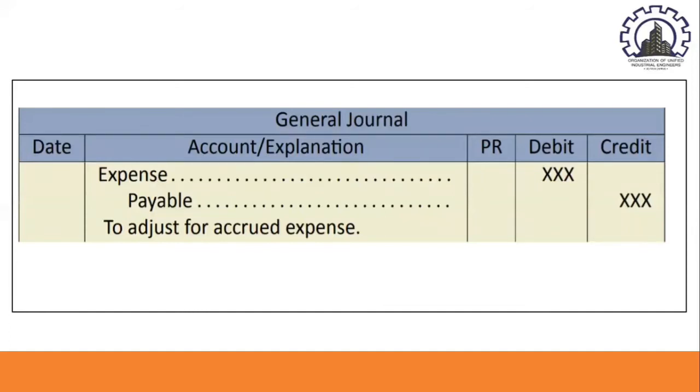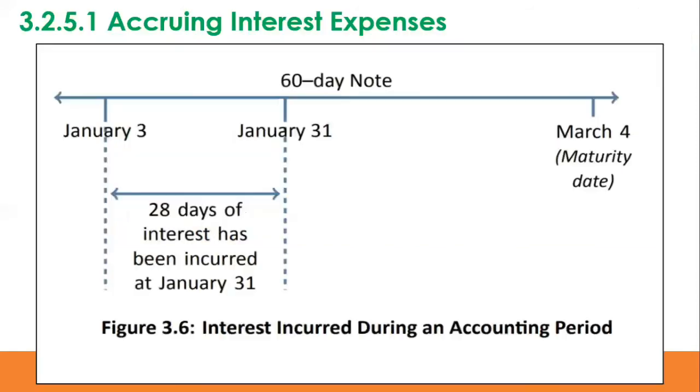So, how about if we do accruing interest expense? Now, as you can see in figure 3.6, it shows an example of interest incurred during an accounting period. For Big Dog Car Works Corporation, the 31st January 2015 unadjusted trial balance shows a $6,000 bank loan balance.